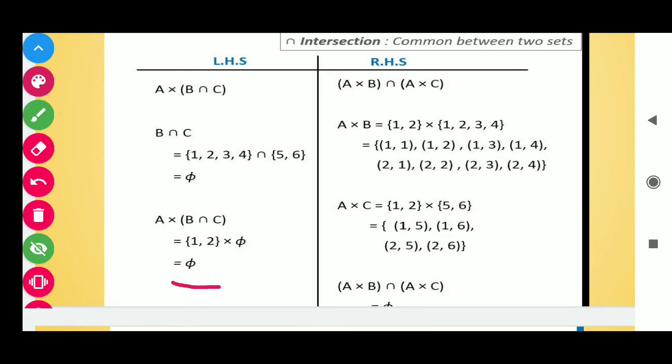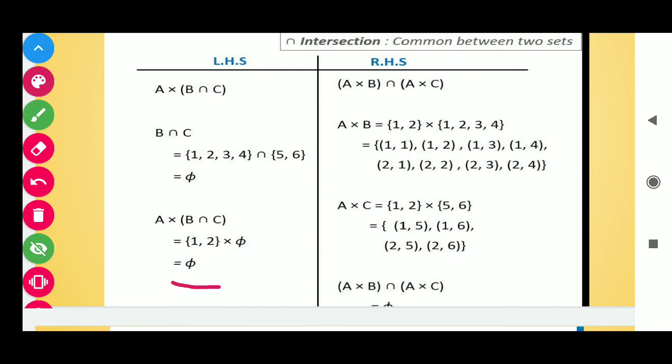Here we have (A cross B) intersection (A cross C). So first we have to find A cross B and then A cross C, and after that we have to take the intersection. So in this way, A cross B, A is {1, 2}, B is {1, 2, 3, 4}.